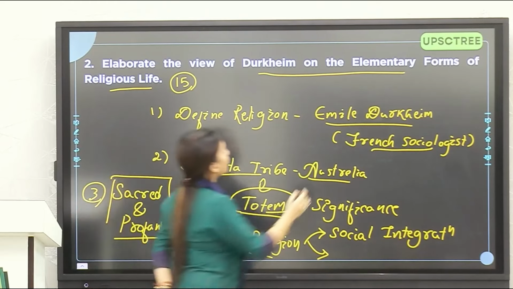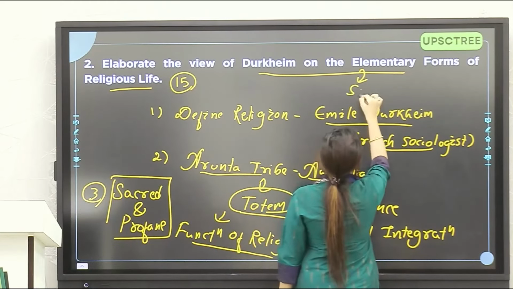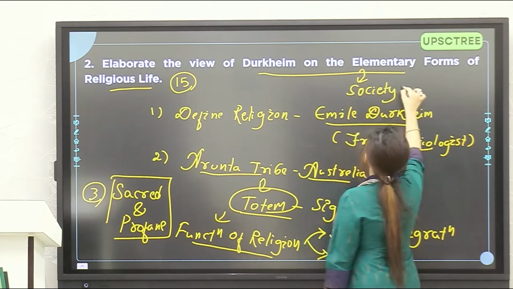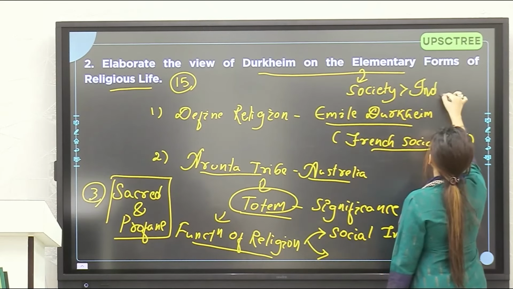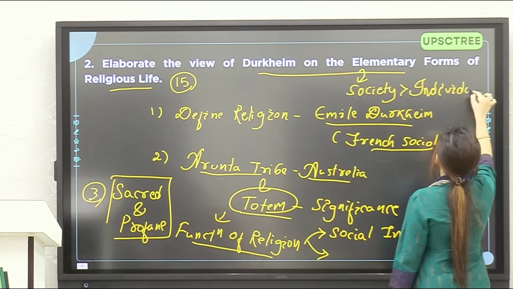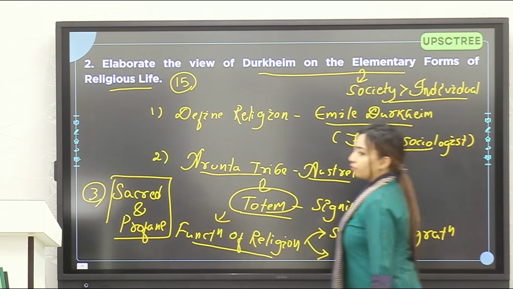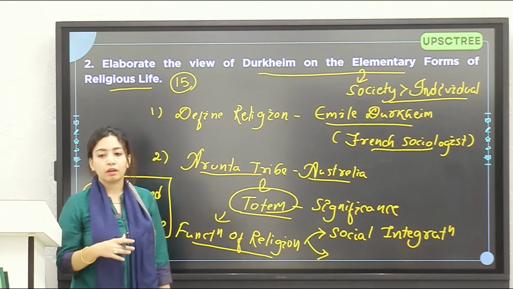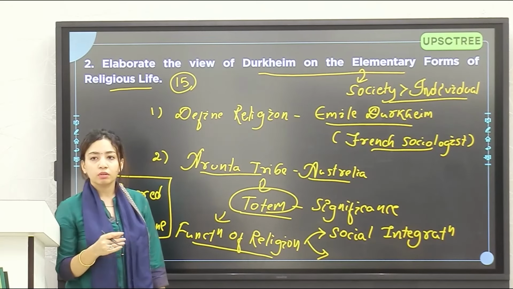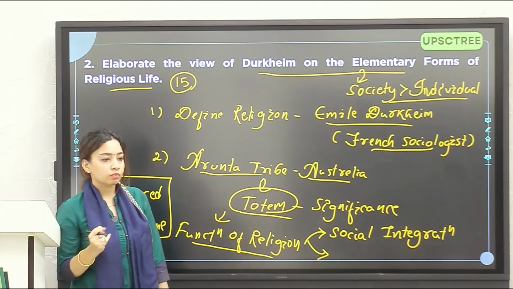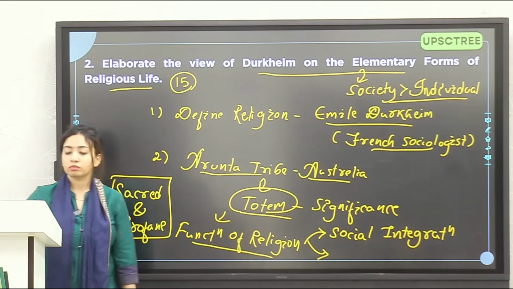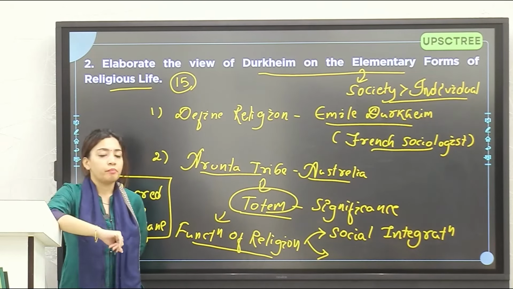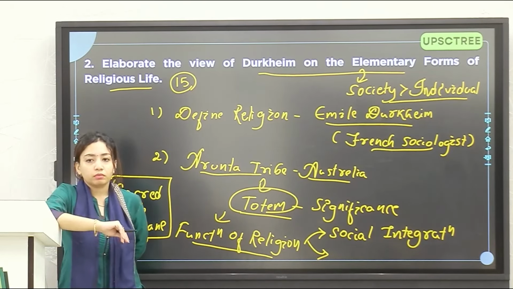Through this, he establishes that the importance of society is more than the individual. So you can discuss all of this. Alright, done? Anything else left out from the discussion? Check your notes. Done? Okay.